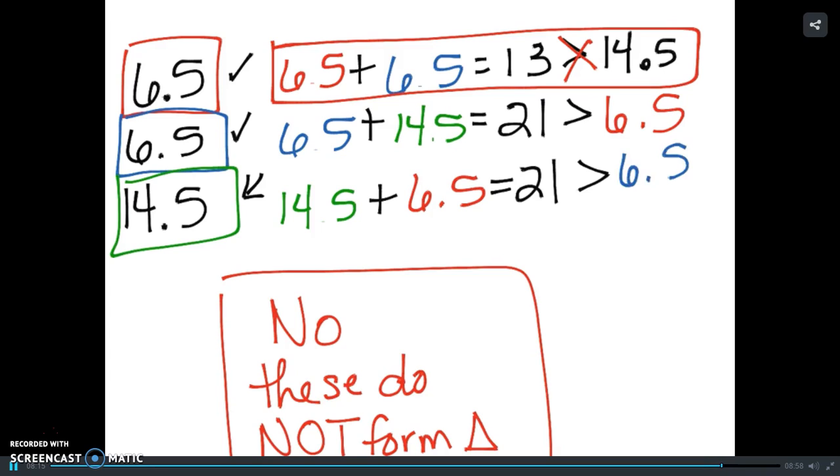Okay. Both of those are going to be bigger than 6.5. And so both of these look like they work out. It's only this one equation out of the three that doesn't work out. So it's really important that you check all three of those.